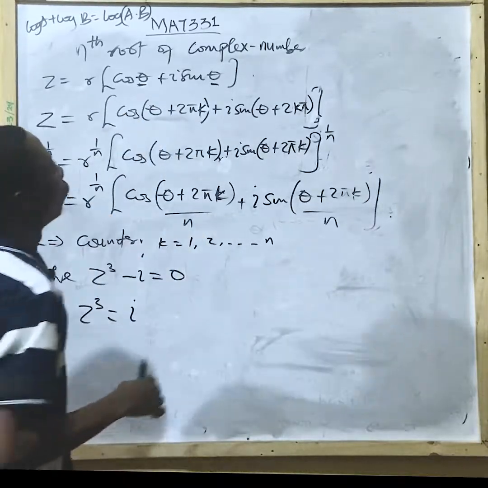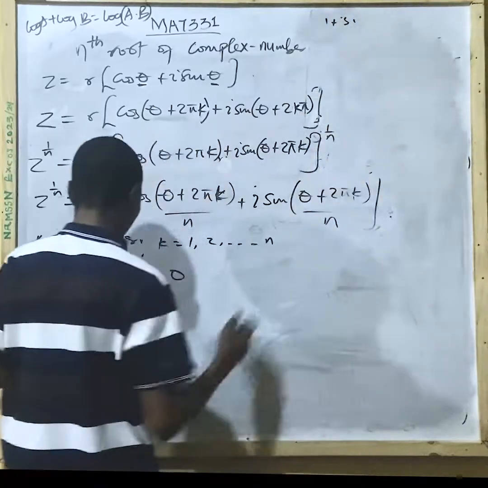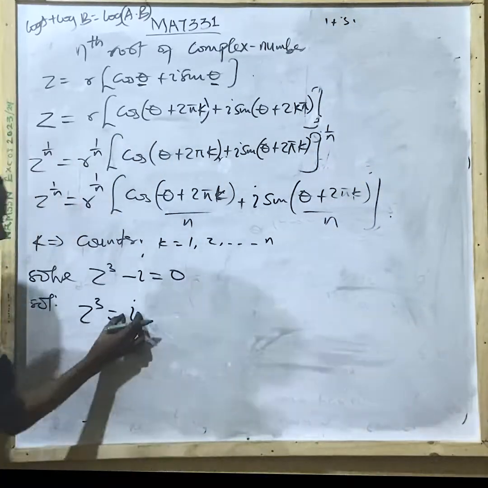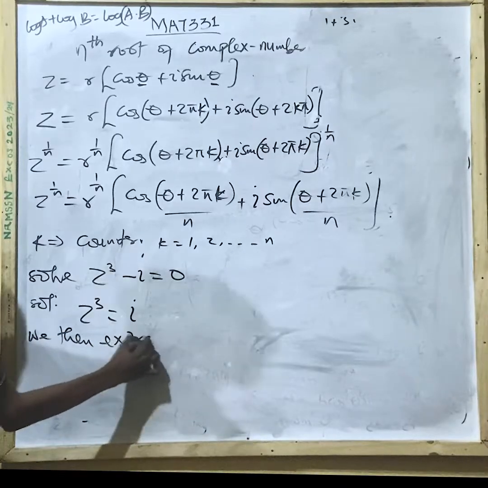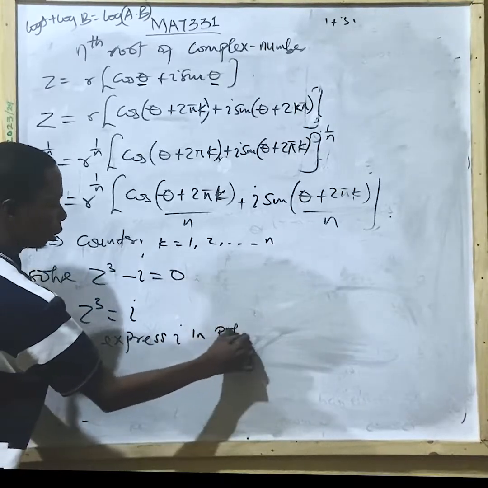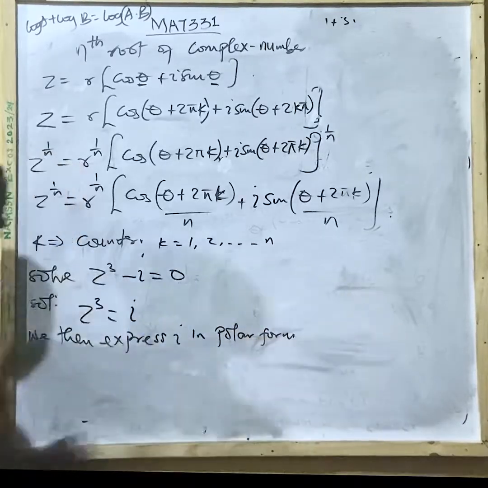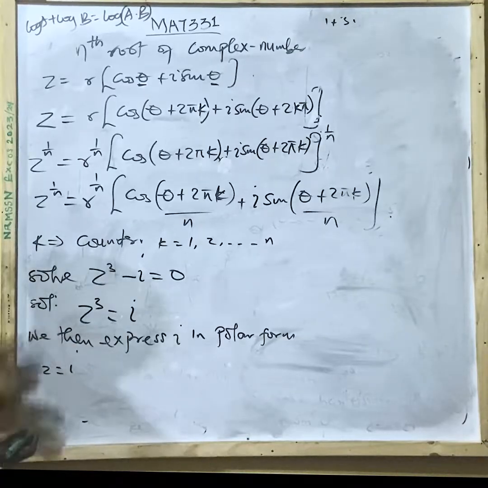Don't forget, from the beginning we expressed 1 plus 3i in polar form. So now we express i in polar form. Let's say I have z equals i. I will find the modulus and argument.